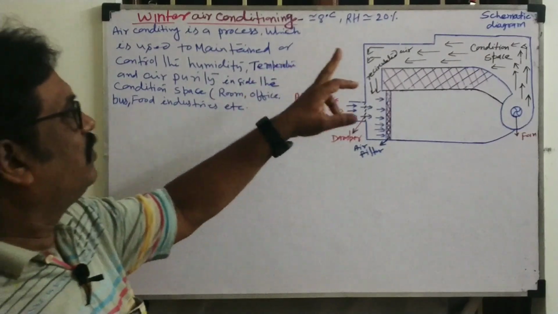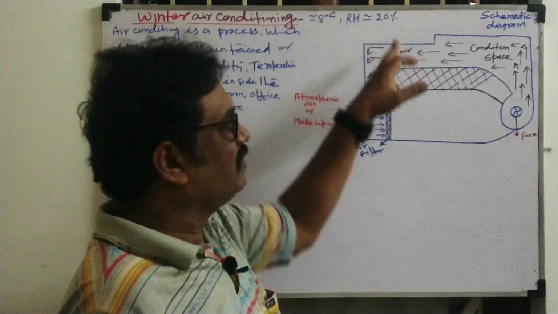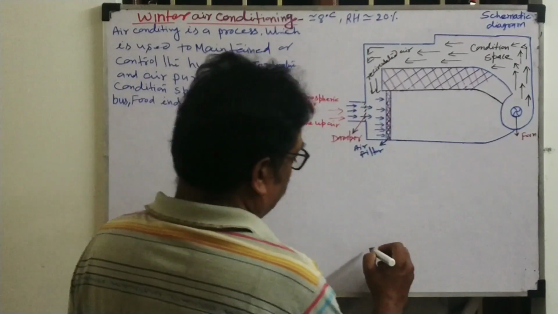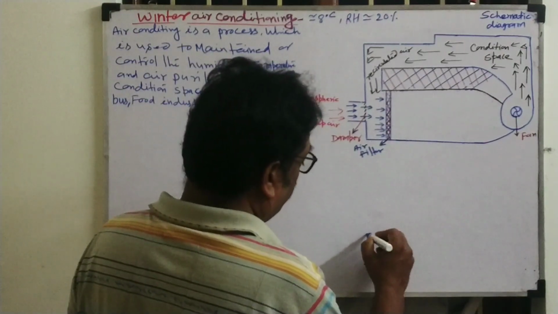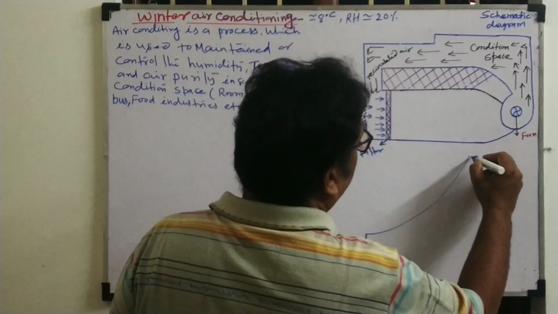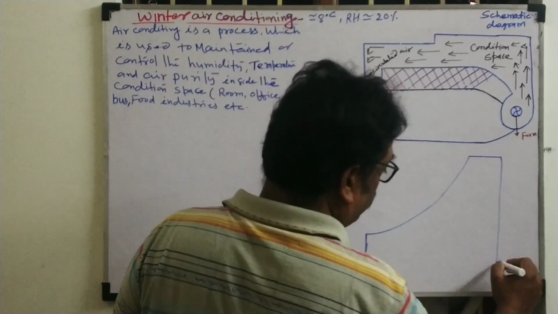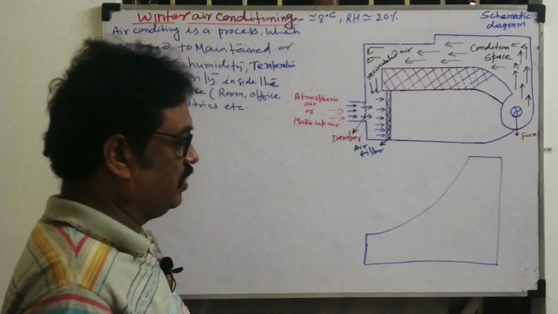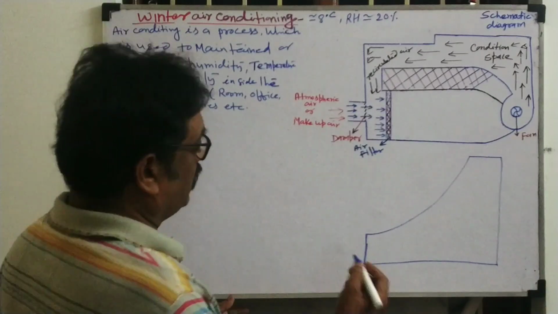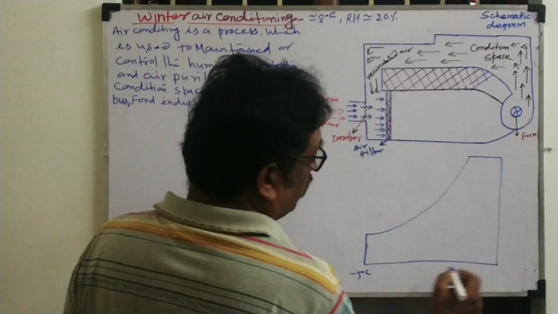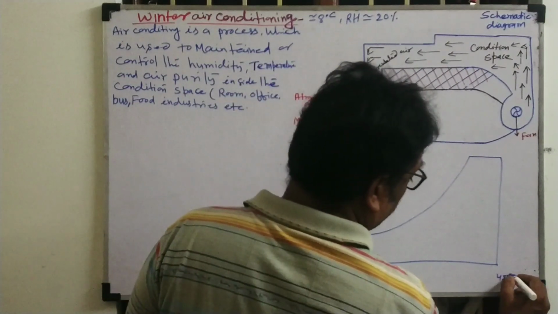Now we will see where these conditions belong on the psychrometric chart. So let us draw the psychrometric chart here. This is our psychrometric chart just drawn. Then where are our conditions? I have already discussed dry bulb temperature many times: this is minus 5 degrees Celsius, this is 45 degrees.